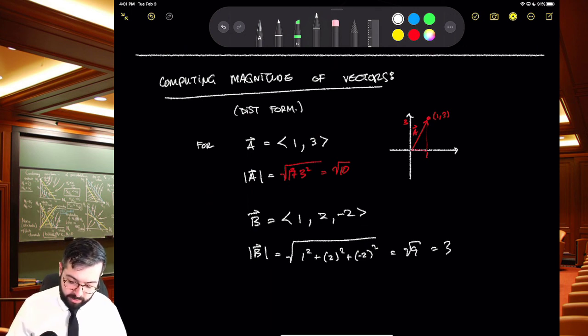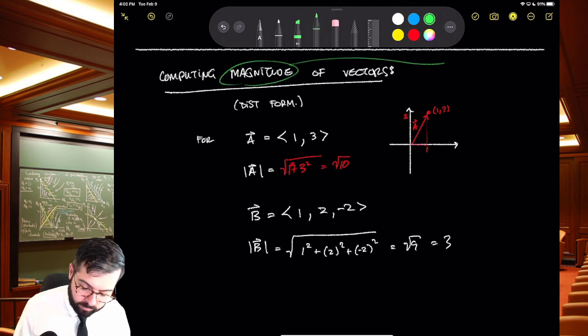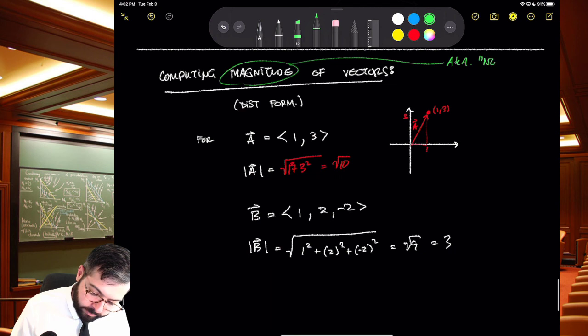So the length of B is 3. The magnitude of B is 3. This is also called the norm in more general vector spaces.